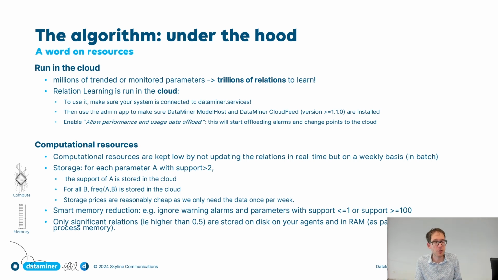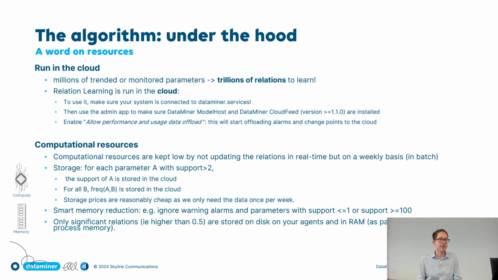So for each parameter A, we also store a number, frequency AB, where B is any other parameter. Okay, so as you can imagine, this is becoming more and more memory. Now, storage prices are reasonably cheap, fortunately, and we only need to fetch this data once per week, so that way we're able to keep the cost of this rather low. By the way, Skyline is currently covering all of these costs.